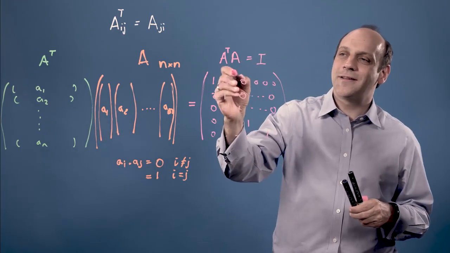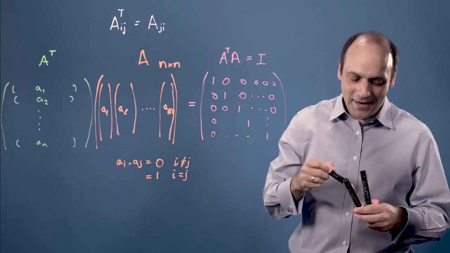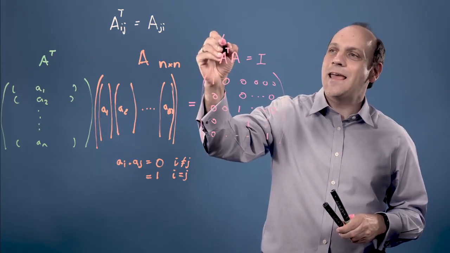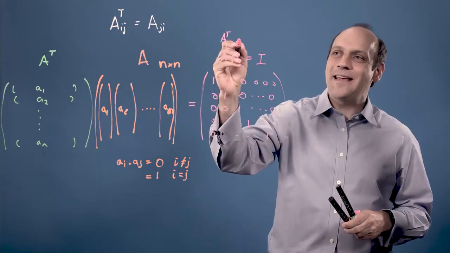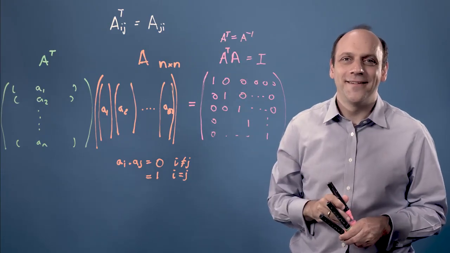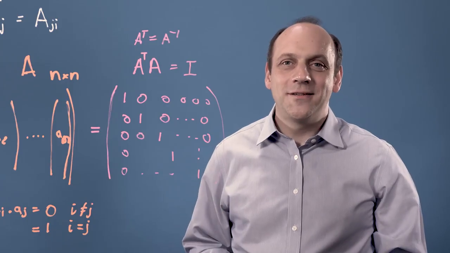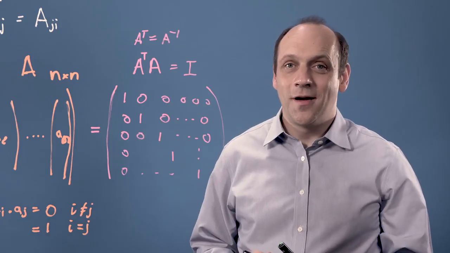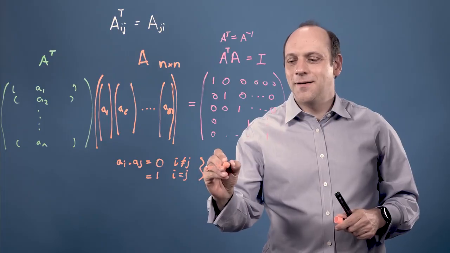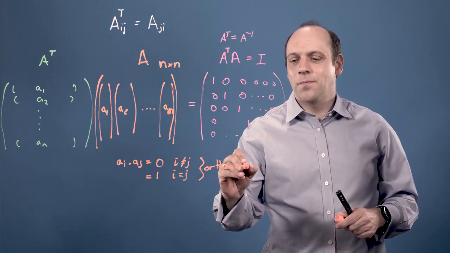So what I found is that A^T times A gives me the identity matrix. And what that means is that A^T is a valid inverse of A, which is really kind of neat. A set of unit length basis vectors that are all perpendicular to each other are called an orthonormal basis set. Orthonormal.